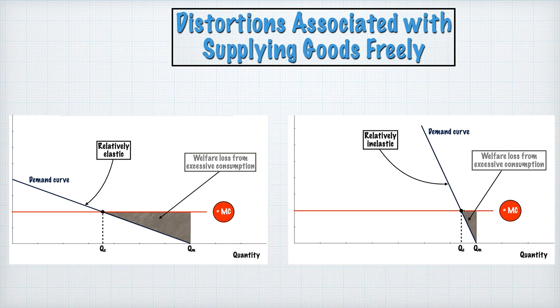So you can see here that this shaded area is much smaller than the shaded area over here. So make sure you remember that the welfare loss from excessive consumption is dependent upon the elasticity of the demand curves in question.